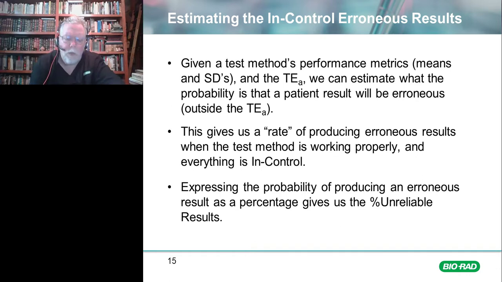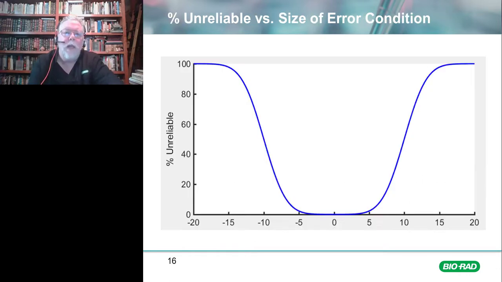I can also look at how that changes as my error size goes up. In this plot, I'm looking at the percent unreliable: the percent of my results that are going to be unreliable given the size of the error condition I'm experiencing. As the error starts to increase, it doesn't have a noticeable impact on the percent of unreliable or erroneous results.